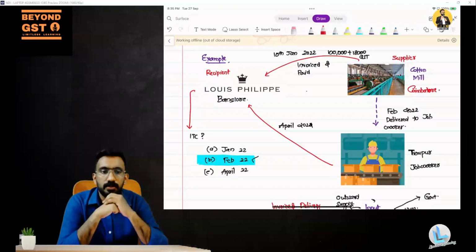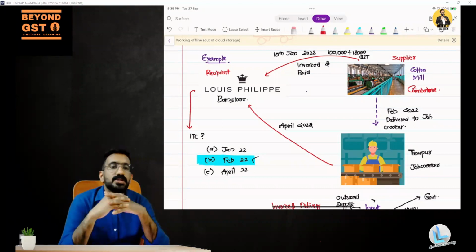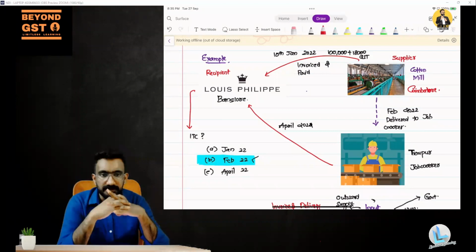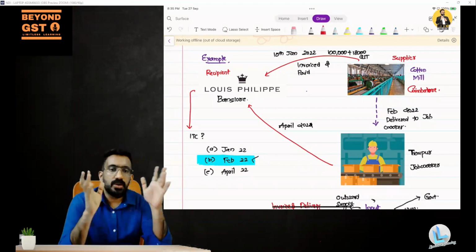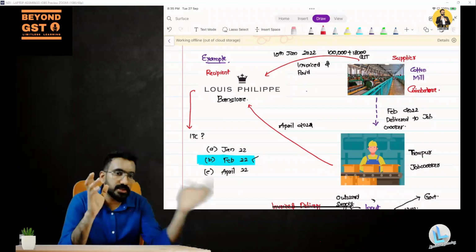Which one would be the ideal option that they will be choosing? Option B always looks better than option number one. So what will happen ideally? The cotton mill in Coimbatore says we will directly give it to the job worker in Tirupur.